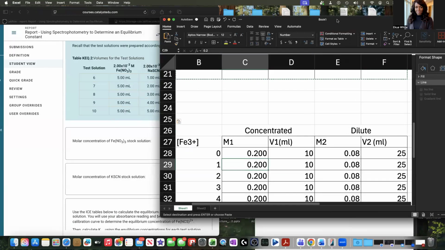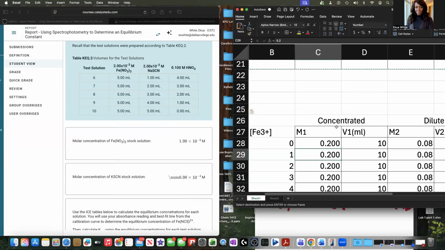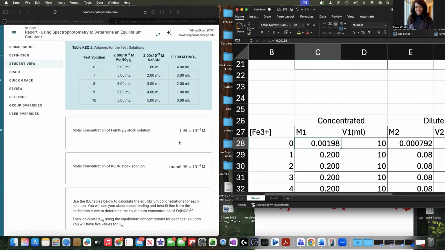Okay, so this time our M1 is 1.98 exponent negative 3, right? This is for iron. Wait, am I in the wrong section?